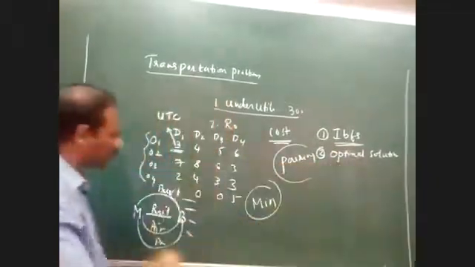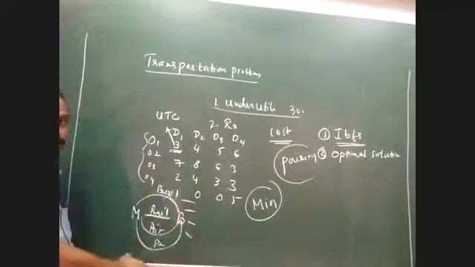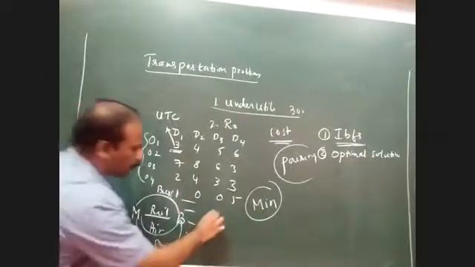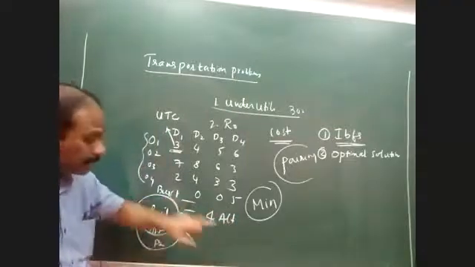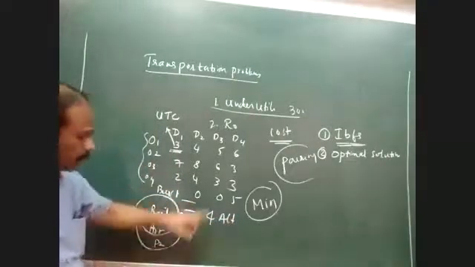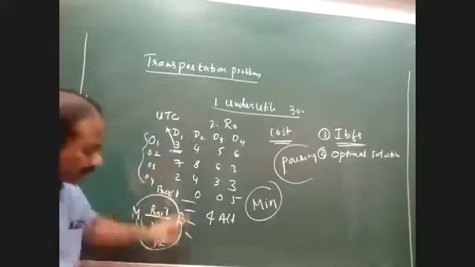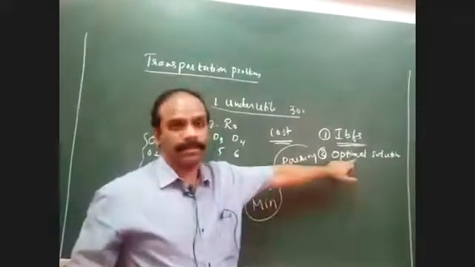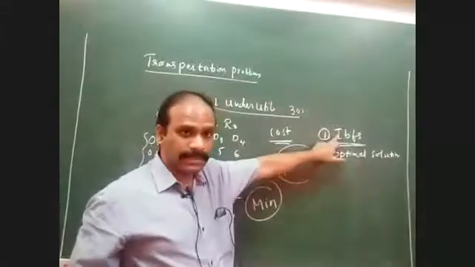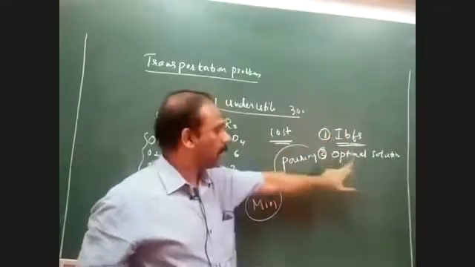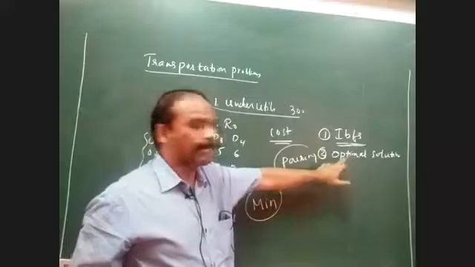The best possible solution amongst all alternatives. In case there are 4 alternate solutions available here, I am supposed to identify the best solution amongst the 4. The best solution is called the optimal solution. Okay, so in simple words, IBFS are various alternate solutions, and the optimal solution is the best solution.